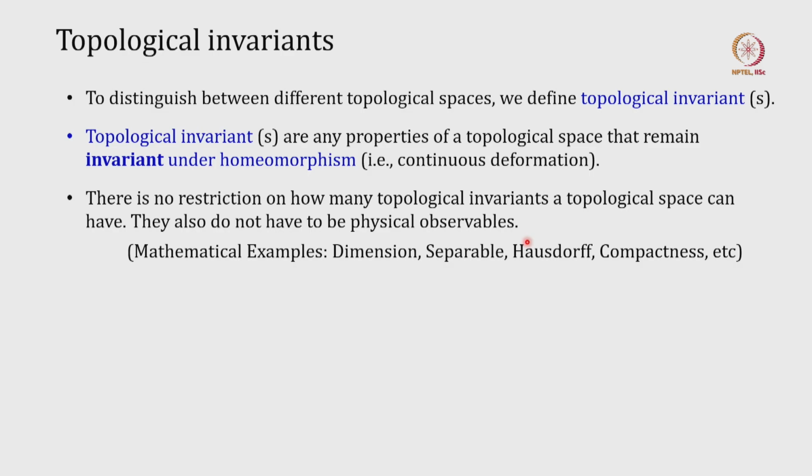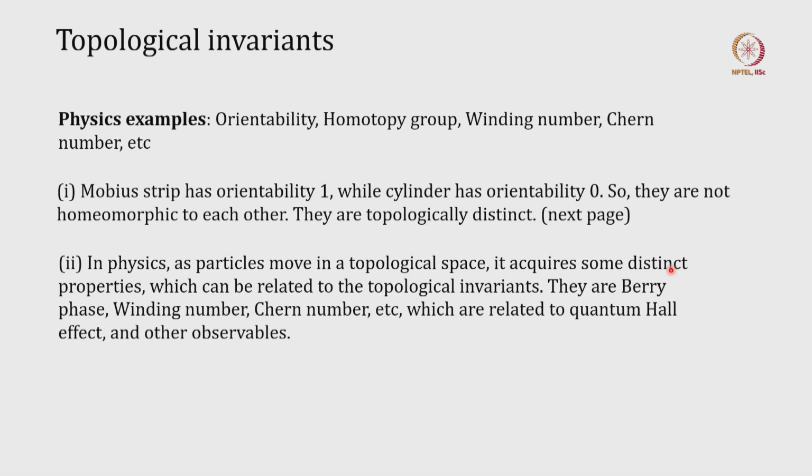Mathematicians have many ways to define topological invariants to characterize a topological space, such as separability, Hausdorff property, compactness and dimension, and we will not go into all of them. Rather, we will just focus on the physical properties that one would be able to measure and that quantify a topological space, like orientability.